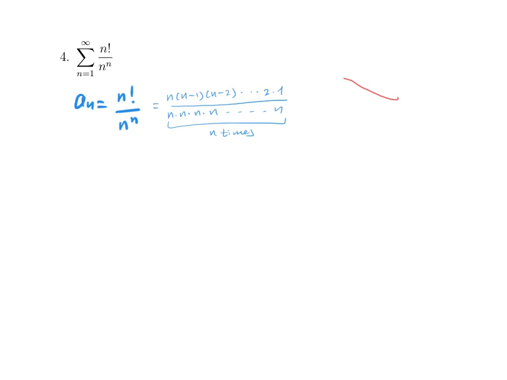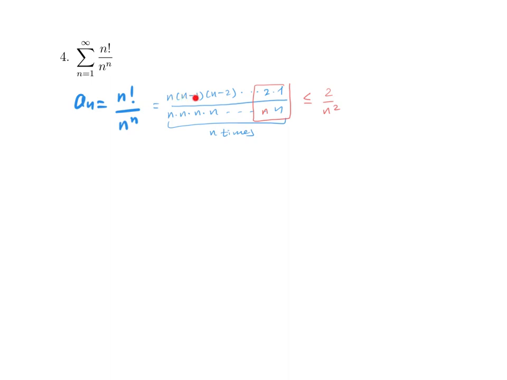Now notice that for this part, this is going to be less than or equal to 2 over n squared. Why is that true? Notice that if you divide this, n over n is 1.